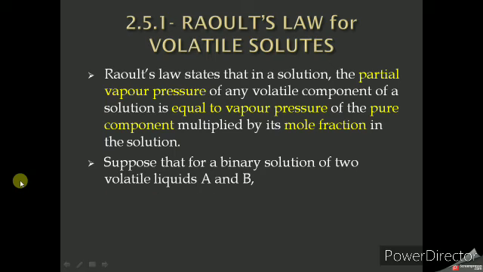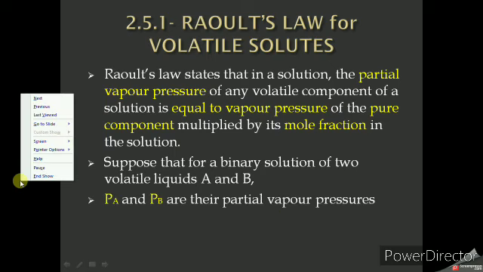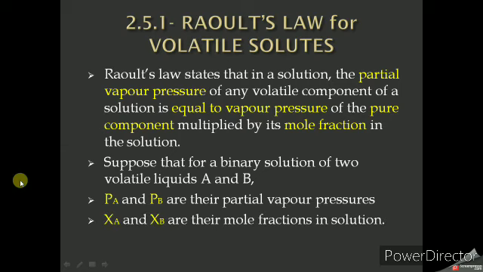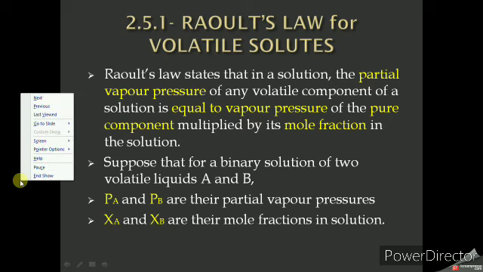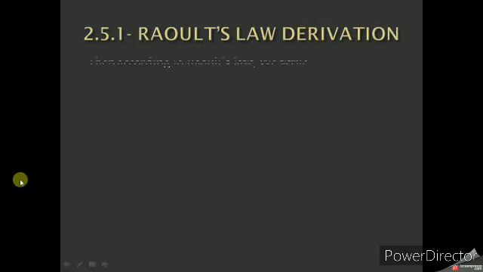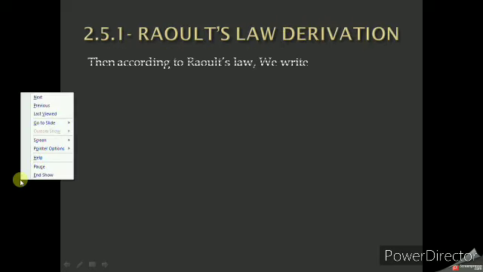Suppose that for a binary solution of two volatile liquids A and B, PA is the partial vapor pressure of A and PB is the partial vapor pressure of B, while XA is the mole fraction of A and XB is the mole fraction of B in the same solution. Then according to Raoult's law, what do we write?